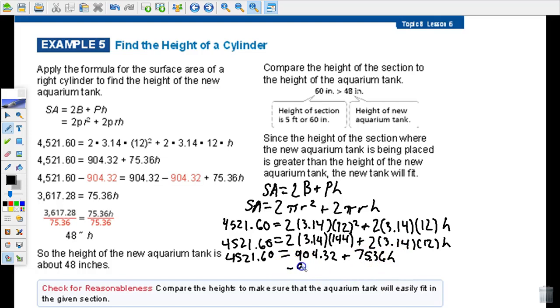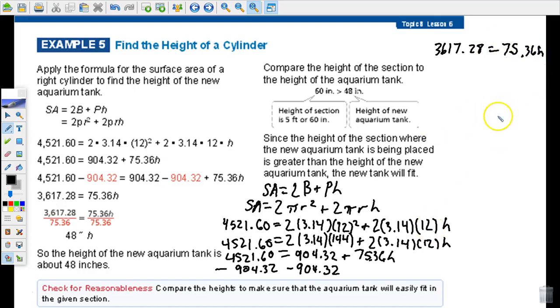I need to get this h all by itself. So I have to subtract 904.32 from both sides. Okay, I'm going to move it up here. So 4521.60 minus 904.32 equals 3,617.28 equals 75.36h.